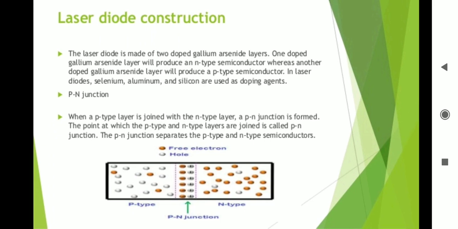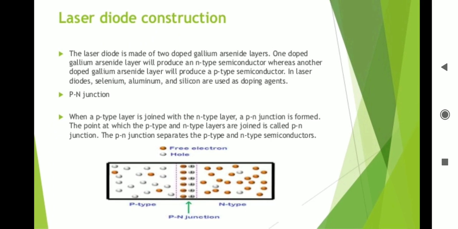You can see in the simple diagram in front of you the laser diode formed by doping aluminum or silicon to gallium arsenide material in order to generate N-type and P-type layers. You can see in the block diagram the N-type and P-type layers.